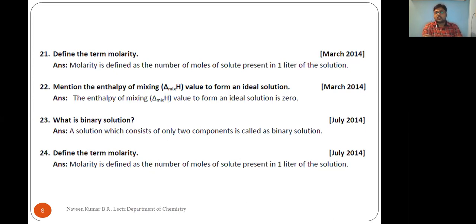One solute, one solvent containing solutions, or 2 components containing solutions are called binary solutions. Next question from the same supplementary. Define the term molarity, which is repeated from the same year final exam, March 2014. It is the number of moles of solute present in a liter of a solution.